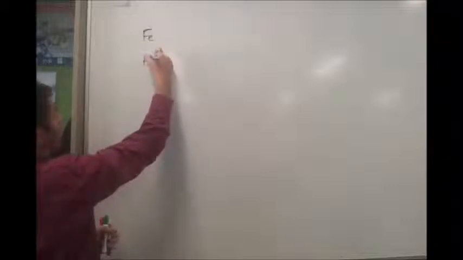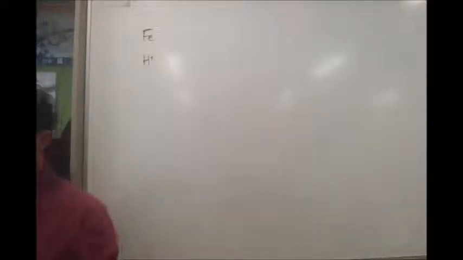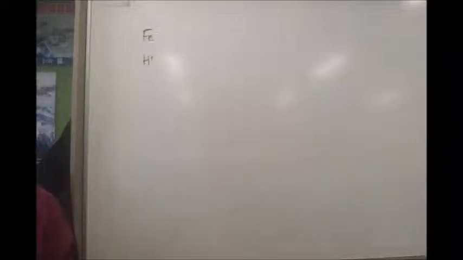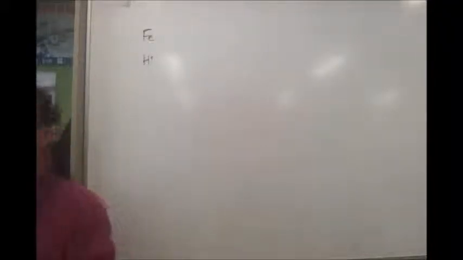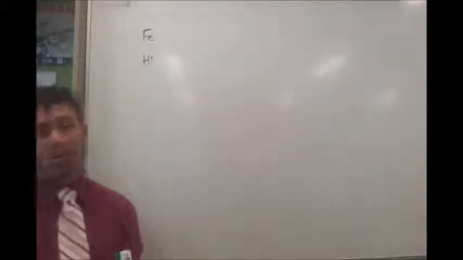So I'm actually not going to go Fe plus H plus. I'm creating what are called half equations. Half equations show me that electrons are being transferred, which is the definition of oxidation reduction. In oxidation, electrons are being lost. You might hear a little phrase called LEO goes GER. LEO, losing electrons oxidation.